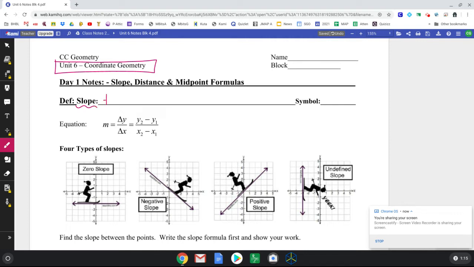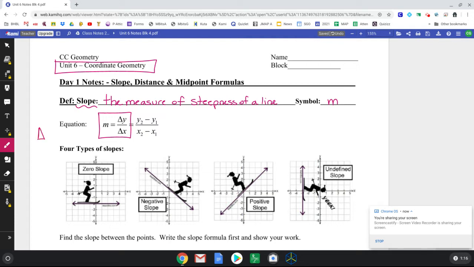Now, slope is the measure of steepness of a line. We are going to use the symbol m for slope. So our equation: m equals the change in y over the change in x.